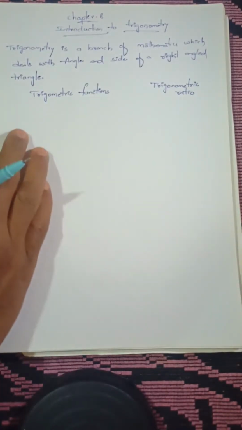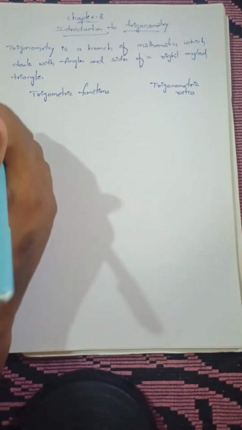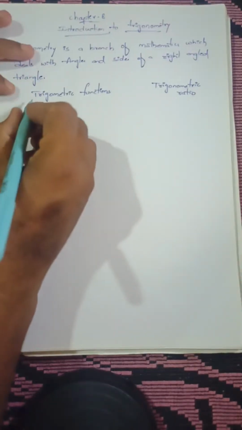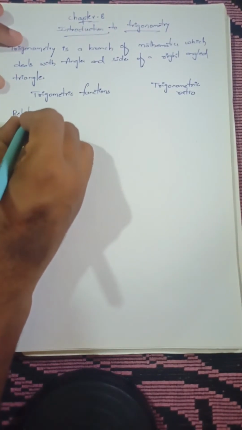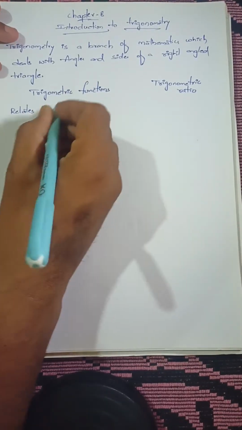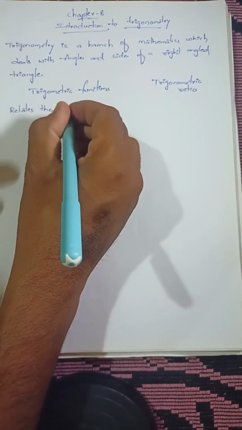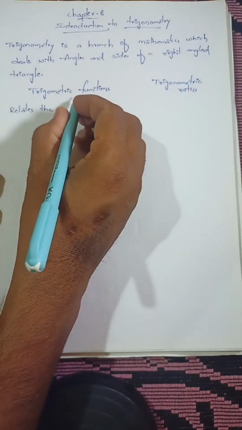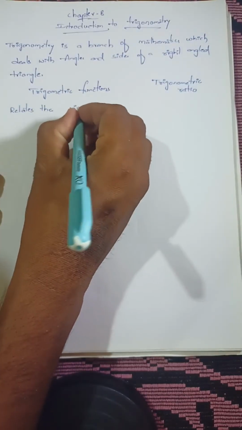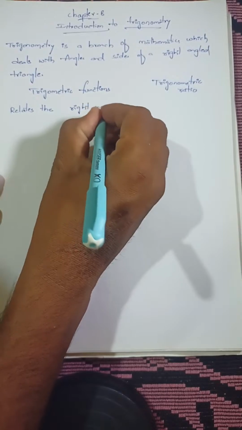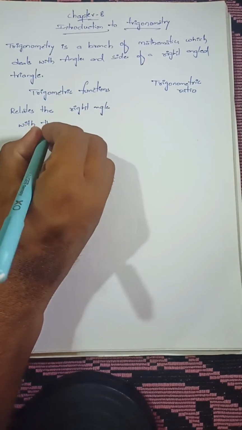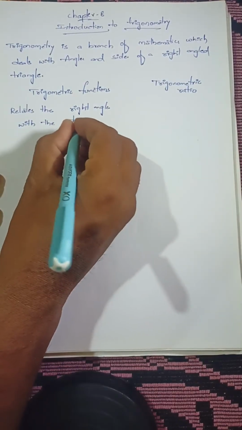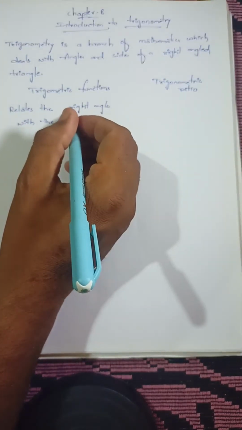Now we are going to write what is a trigonometric function. Trigonometric functions relate the right angle with the ratios, that is called trigonometric functions.